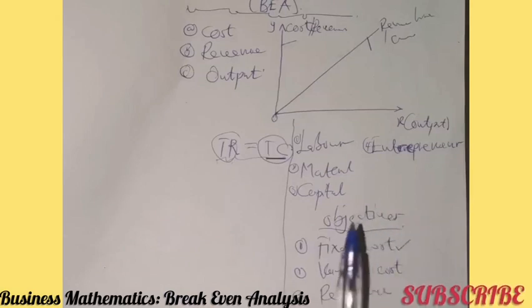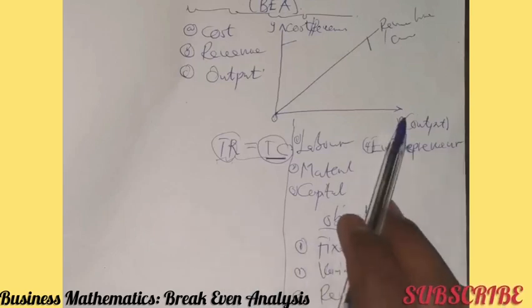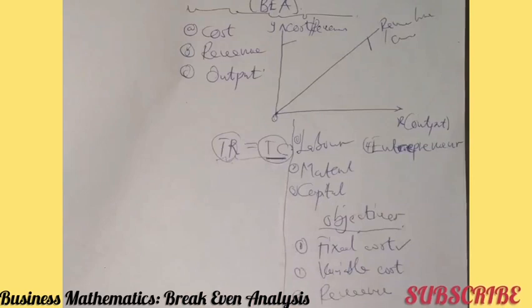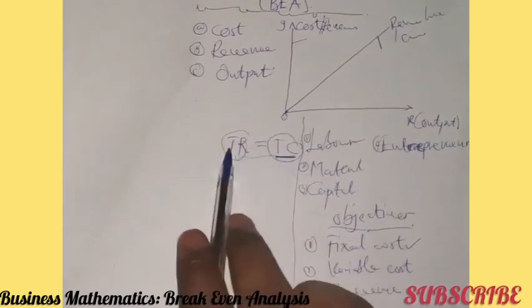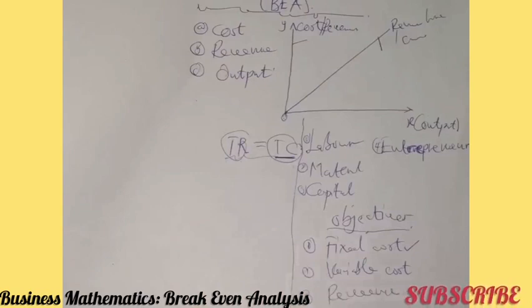At least you are able to control cost, and that's one thing that break-even helps us to analyze. So that is the objective, to find the level of output at which your total cost equals your total revenue. That is the objective of break-even analysis.